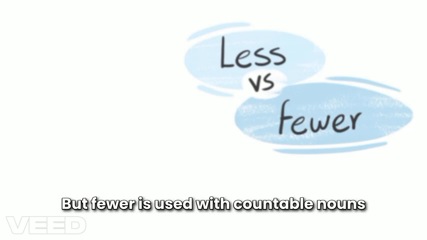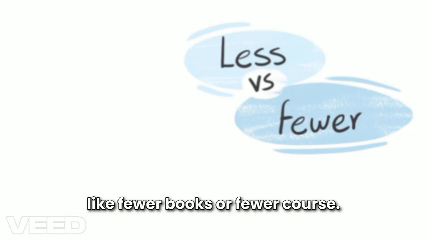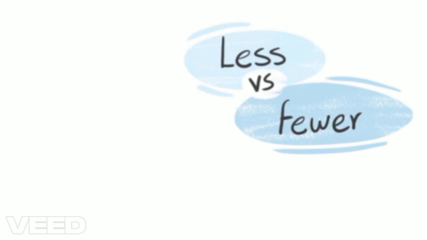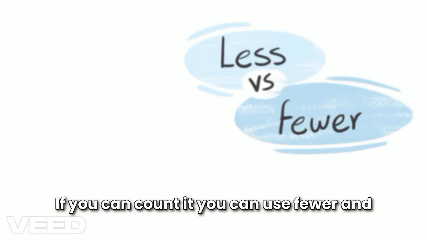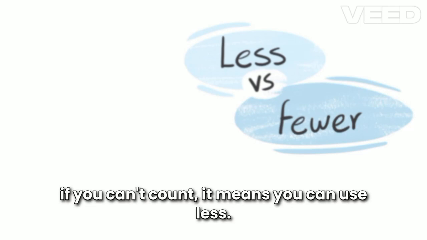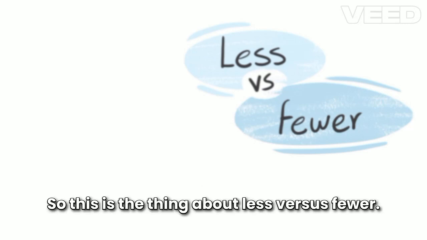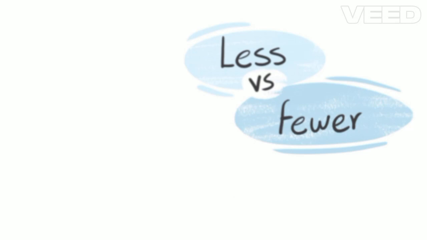But fewer is used with countable nouns like fewer books or fewer cars. So now I will explain it in a simple manner. If you can count it, you can use fewer. And if you can't count it, you can use less. So this is the thing about less versus fewer.